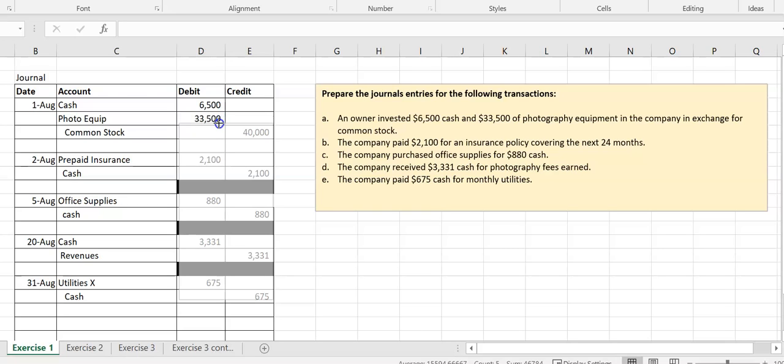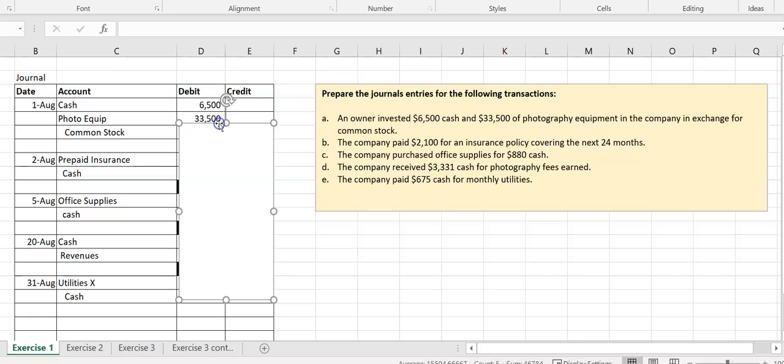You're getting photo equipment for $33,500, so that's a debit. So you've got two new assets. You've got to balance this. On the other side of the equation is common stock or owner's equity for $40,000. If you add these two together, you get $40,000.